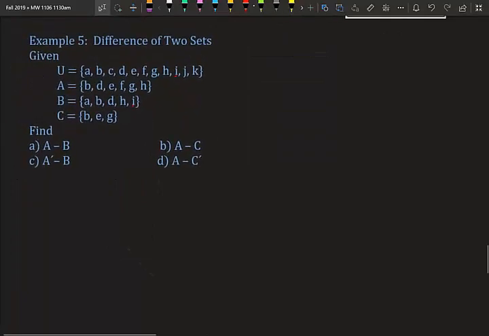So let's do that. We're not going to draw a Venn diagram here because we're subtracting sets.